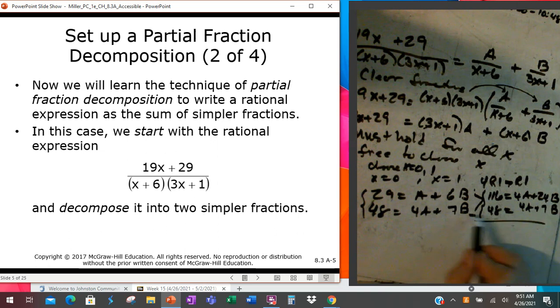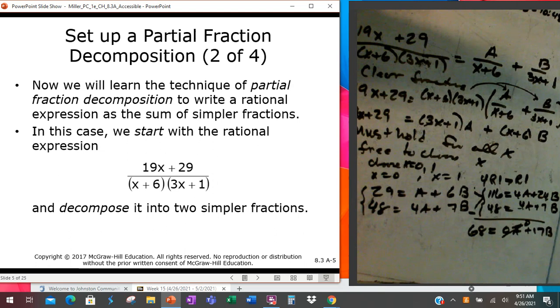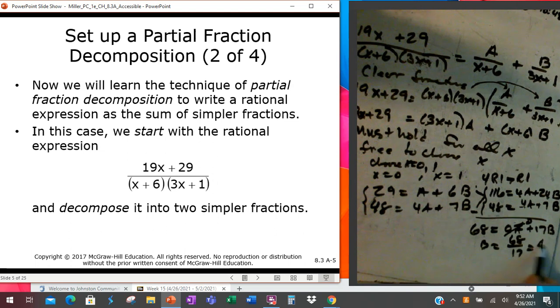Okay, so I'm going to do a subtraction here. 116 minus 48, I get 68 is equal to 4a minus 4a, that's 0a, and then 24 minus 7, that gives us our plus 17b. Okay, that's just out. There's nothing there. And then our b, divide both sides by 17, is equal to our 4.